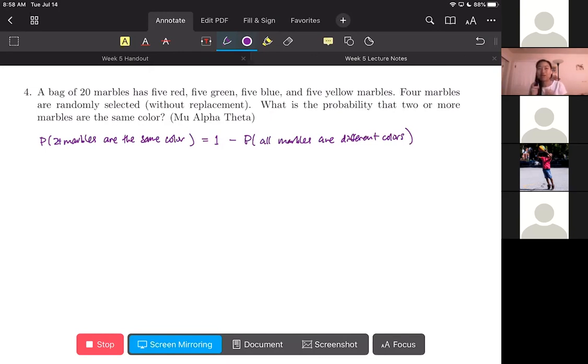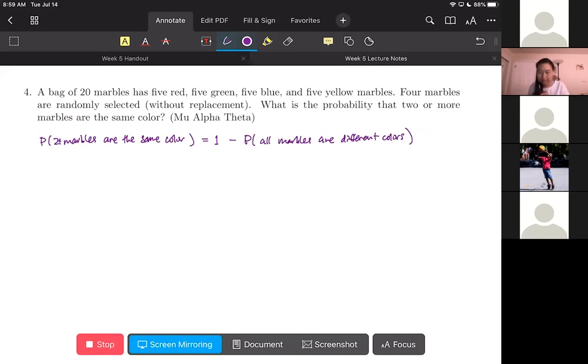It's when I have exactly one red marble, exactly one green marble, exactly one blue marble, and exactly one yellow marble. So when you think about calculating the main probability versus calculating the complement probability, here it's going to be easier to calculate the complement. So how do we calculate the probability that all marbles are different colors?